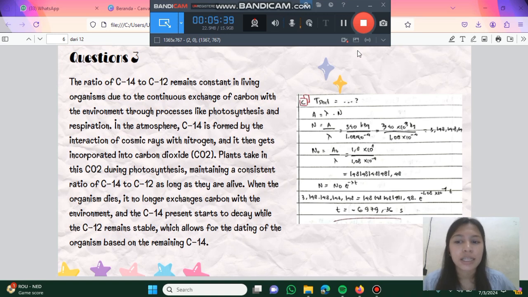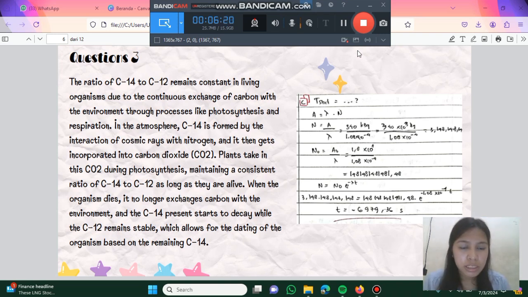Plants take in the CO2 during photosynthesis and maintain a consistent ratio of C14 to C12 as long as they are alive. When the organism dies, it no longer exchanges carbon with the environment and the C14 starts to decay while the C12 remains stable, which allows for the dating of the organism based on the remaining C14. So the next is C problem.